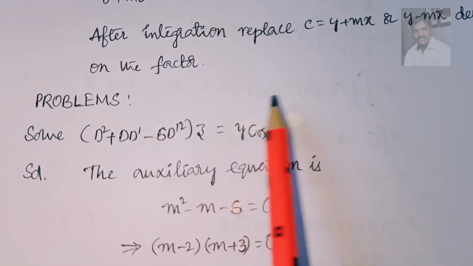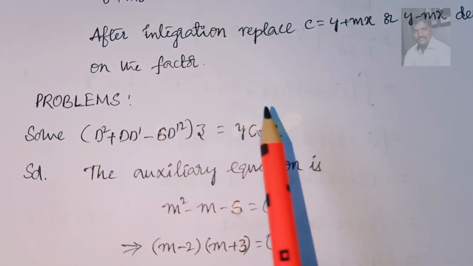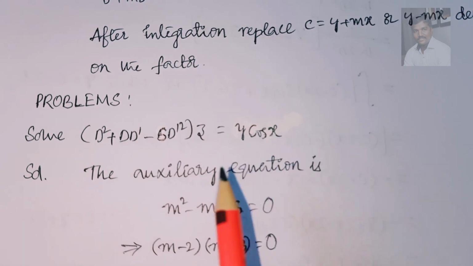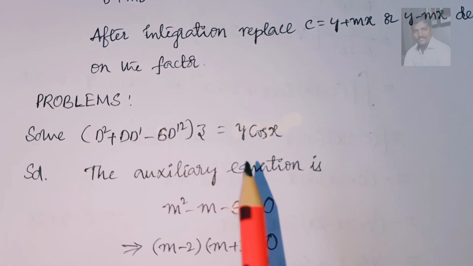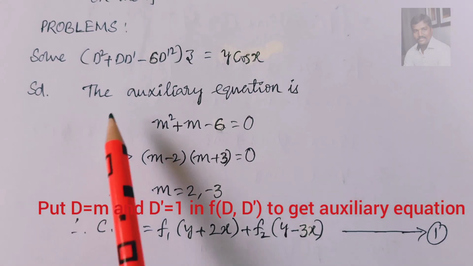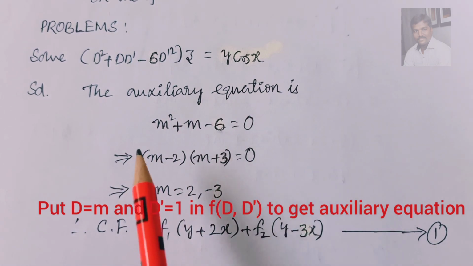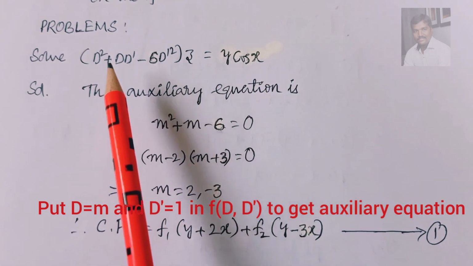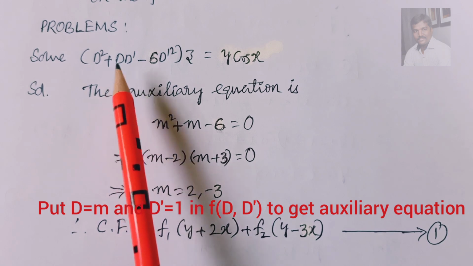You observe this RHS. If it is a different one, then we have to go with this general method. First we have to write the auxiliary equation. We get the auxiliary equation by putting D equal to m and D' equal to 1.